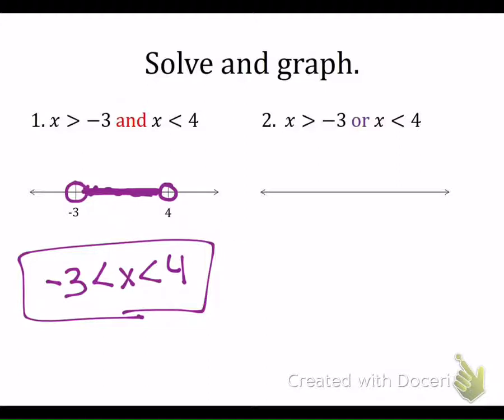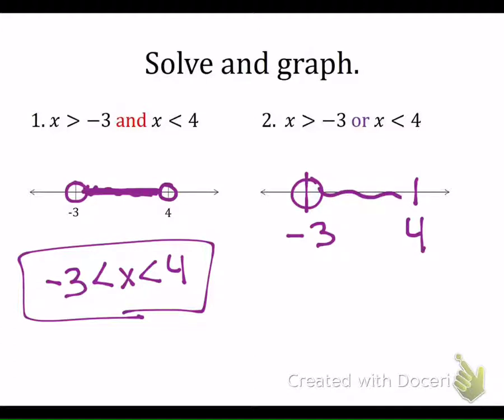Okay? So for my ors, I now want the x's that are greater than -3 or smaller than 4. So basically, you tell me. If it's greater than -3, where would that be on the number line?